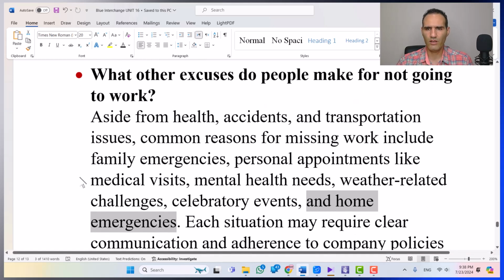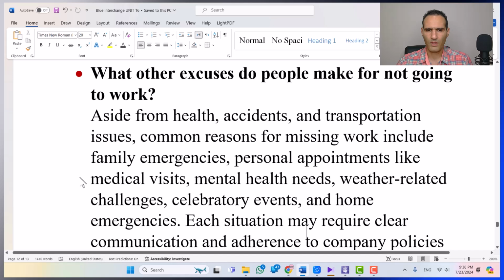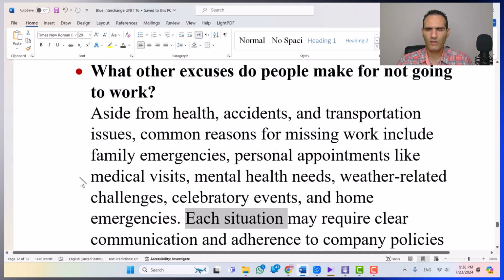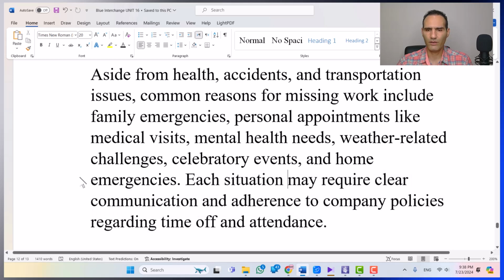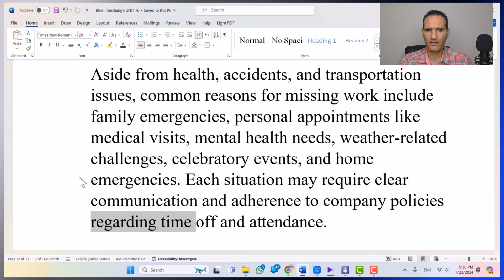Okay, so lots of reasons here. Each situation may require clear communication and adherence to company policies regarding time off and attendance. Okay, so again, another response for this question.